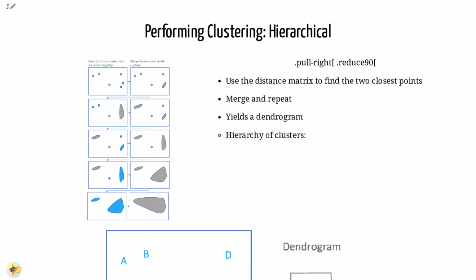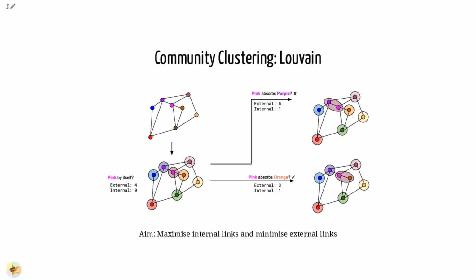Louvain clustering is a widely used type of community clustering for single-cell data. Here each cell is assigned a neighborhood of its own and the number of internal and external links between neighborhoods are counted. For each iteration, a random cell is selected and brought within the neighborhood of another cell, and the internal and external links are once again counted.